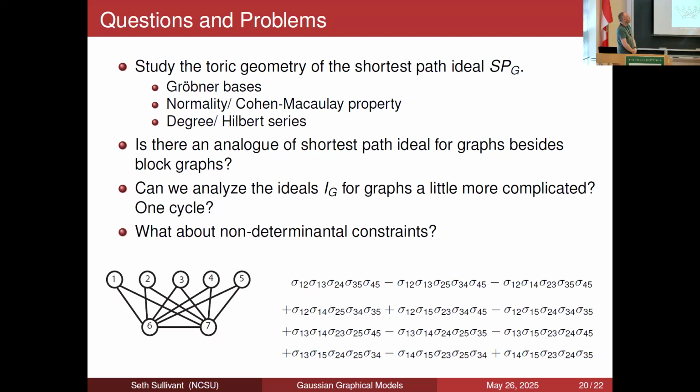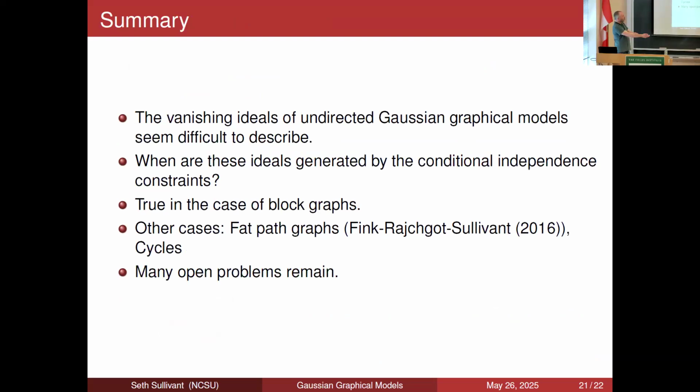I don't know. Okay, so let me just summarize what I tried to tell you in this talk. First of all, the vanishing ideals of undirected Gaussian graphical models are pretty difficult to describe. We know some cases, and the proofs are challenging in all of these cases.